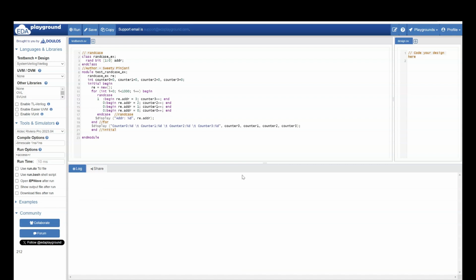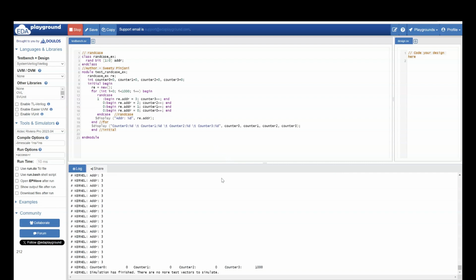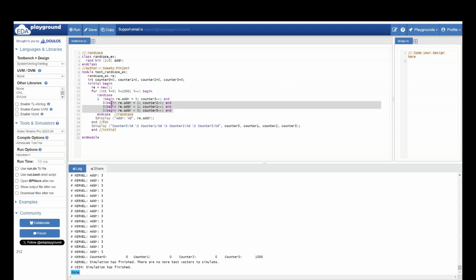Now I am running this. So here if you see, address 3 got generated 1000 times because only for one item I have weight 1, which is equally distributed in this item only, because for all other items weight is 0. Here we conclude that at least for one item, weight should be non-zero.